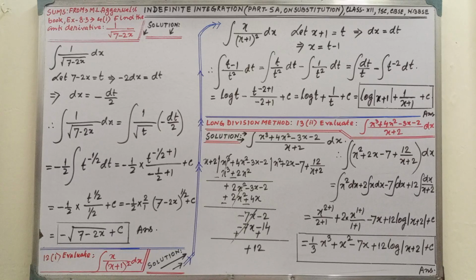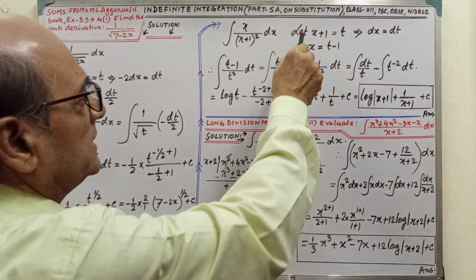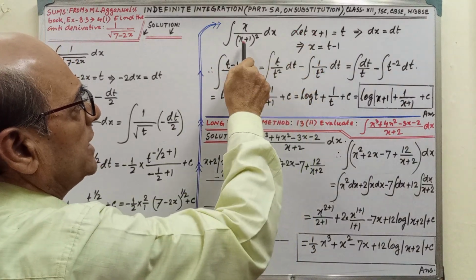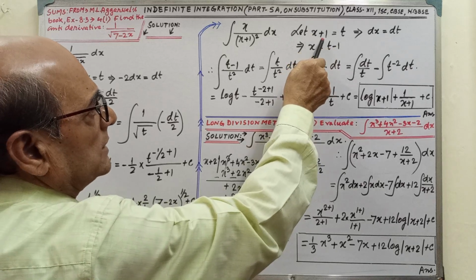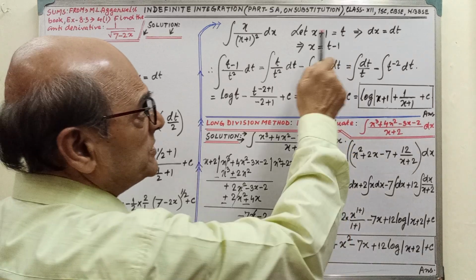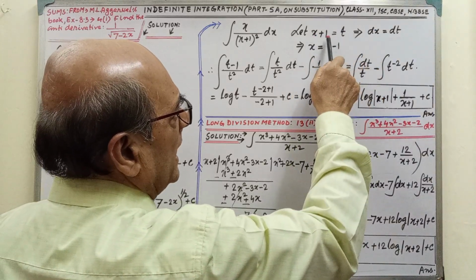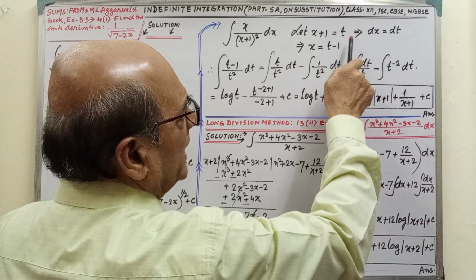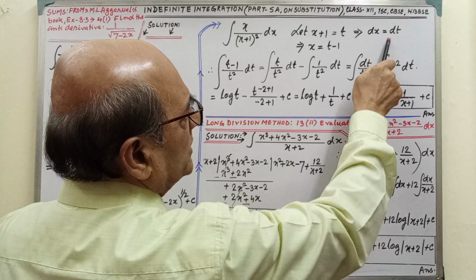Evaluate this. First, writing the sum. After that, we have to substitute x plus 1 equal to t. What we are considering, we have to differentiate. The differentiation of x is 1, that is dx, and the constant is 0, and differentiation of t is dt. This is completed.